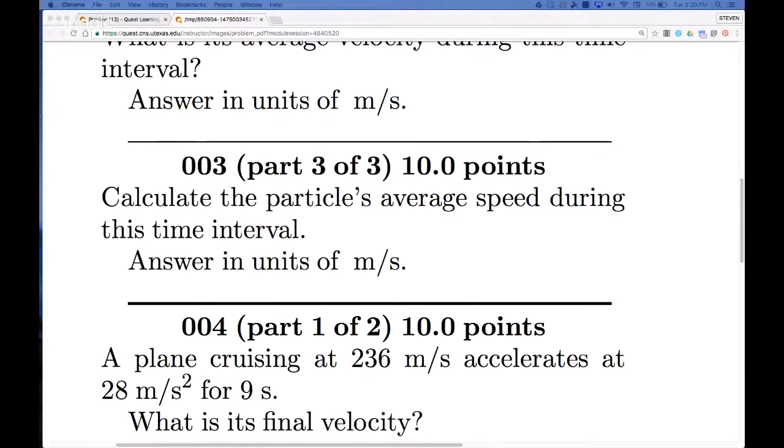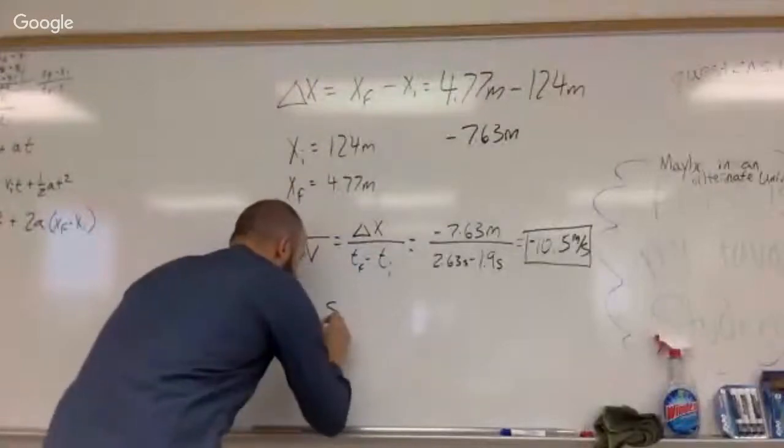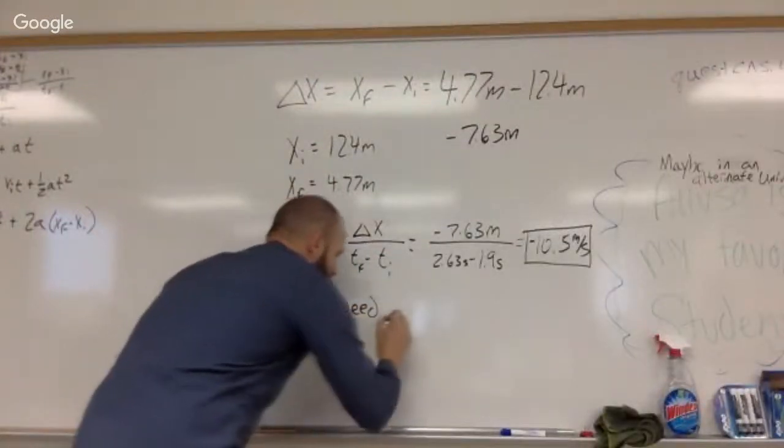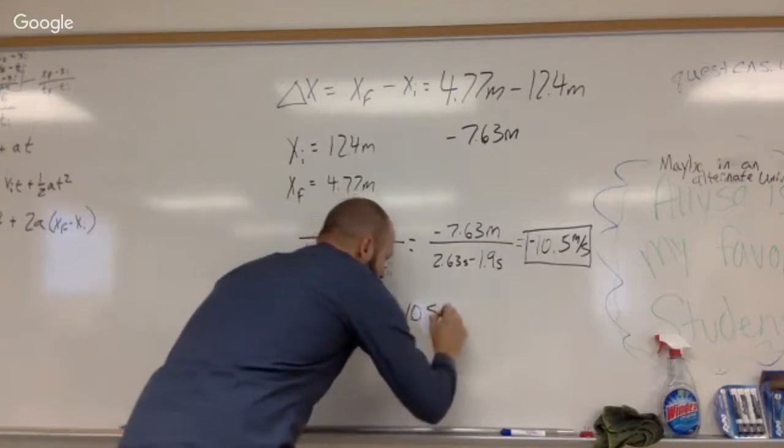Unless you change direction, the velocity and the speed are the same thing. The negative speed? No, speed is absolute value. There will be no negative. So it'll be the exact same answer that you get, but without the negative. So I'll put down here that my speed is going to be 10.5 meters per second.